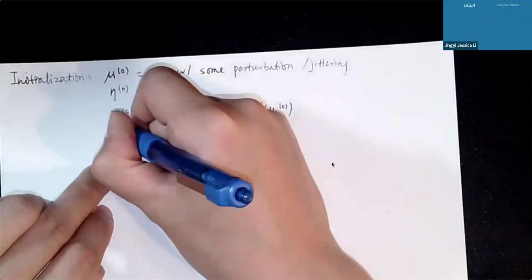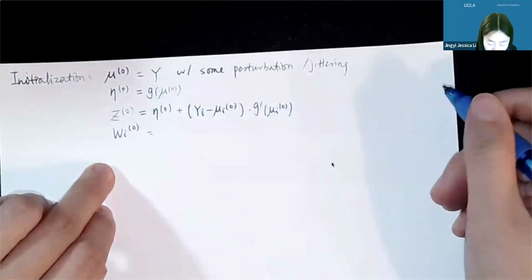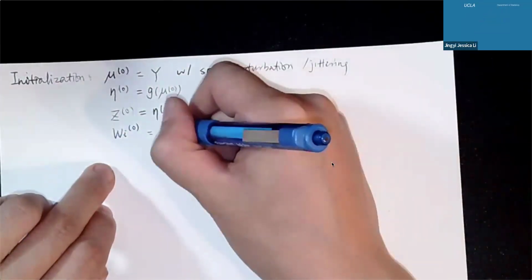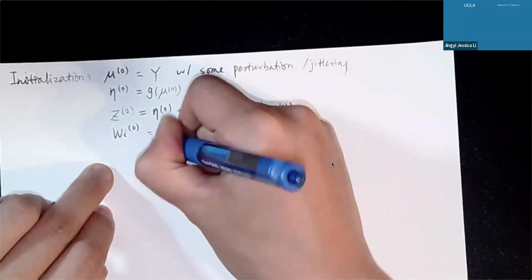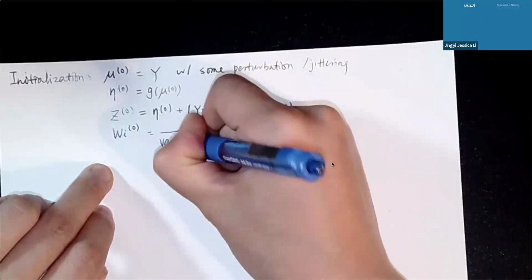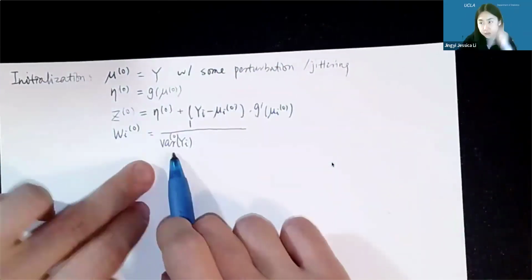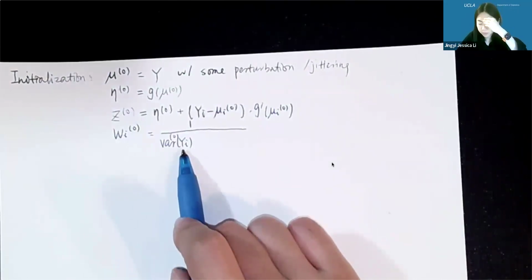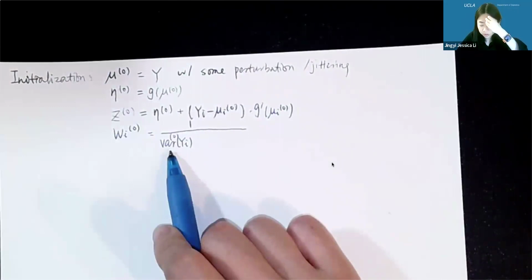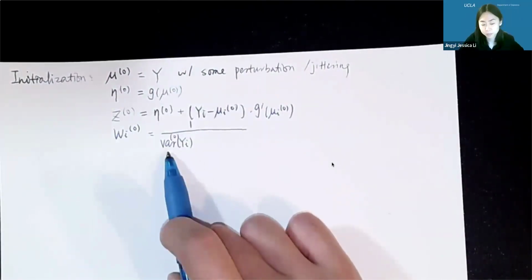And then Wi 0 is just the inverse of the variance of yi 0. So this variance form depends on the specific distribution of yi. If it's Bernoulli, then it's just mu I times 1 minus mu I, right? Mu I is the probability.